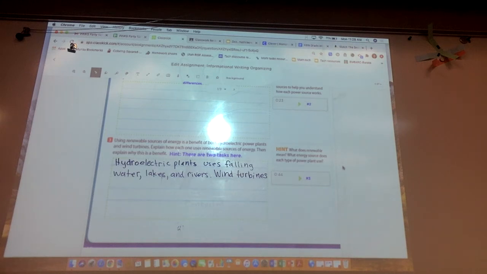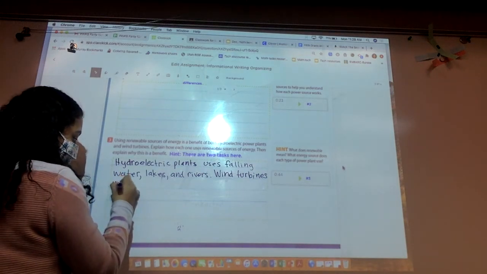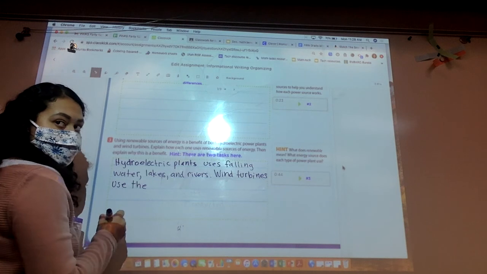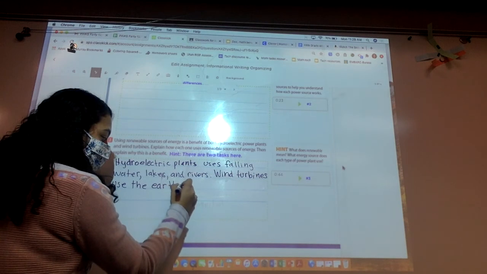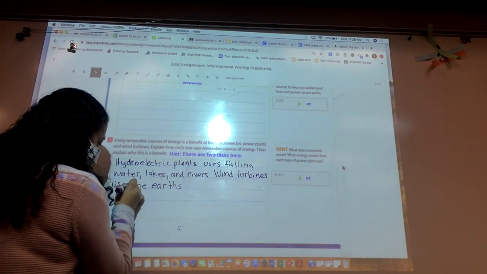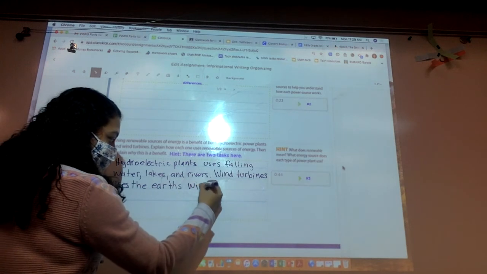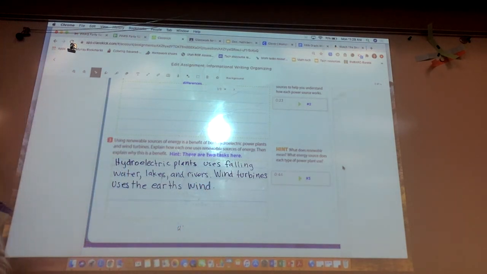They use the wind, moving wind, in high places. Good. Okay, so wind turbines use the Earth's wind. Period. Thank you, Emma Mariana, for writing. Thank you, Thomas, for writing.